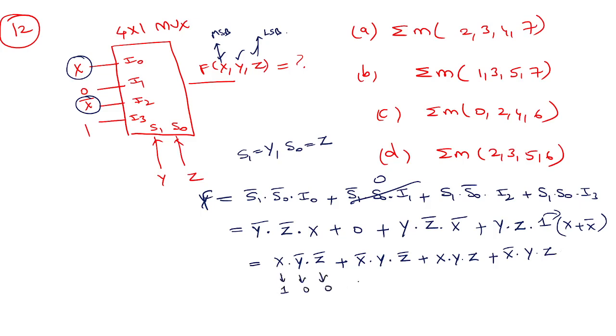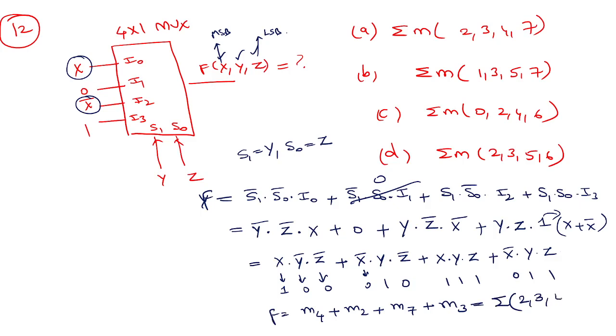So this is 1, 0, 0, and this is 0, 1, 0. This is 1, 1, 1. This is 0, 1, 1. What is this? M4 plus M2 plus M7 plus M3. If you sum everything, sigma of 2, 3, 4, 7 in ascending order, right? 2, 3, 4, 7. Option A is the right answer.